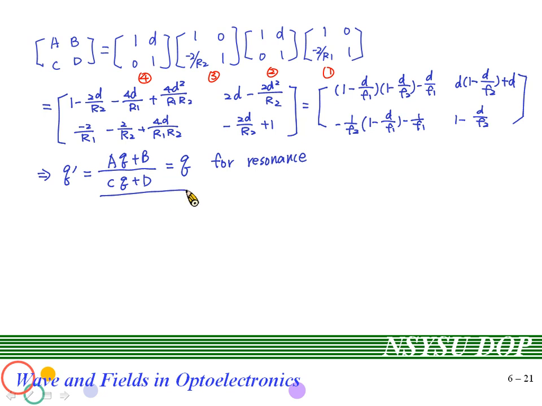By this relationship, you can express that Cq squared plus (D minus A)q minus B equals 0. It will be very easy to find the value of q according to this equation, and q can then be obtained this way.